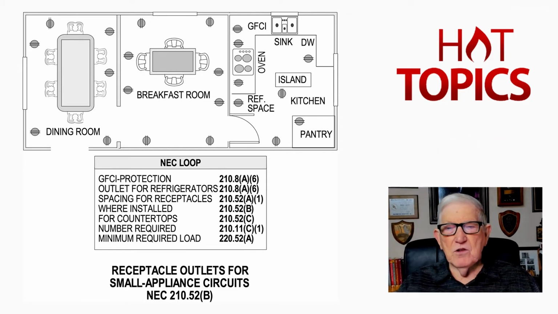Where they're to be installed 210.52B. For countertop receptacles 210.52C. And then again for the number required 210.11C1. And then the minimum required load 210.52A, which is 1500 VA.